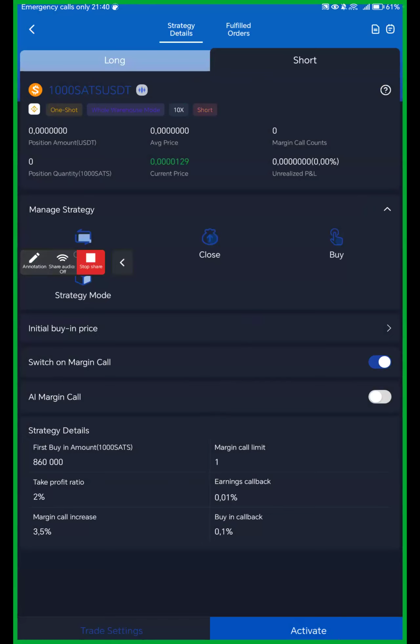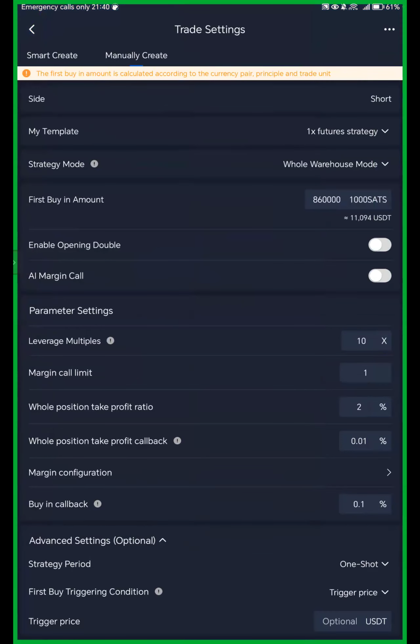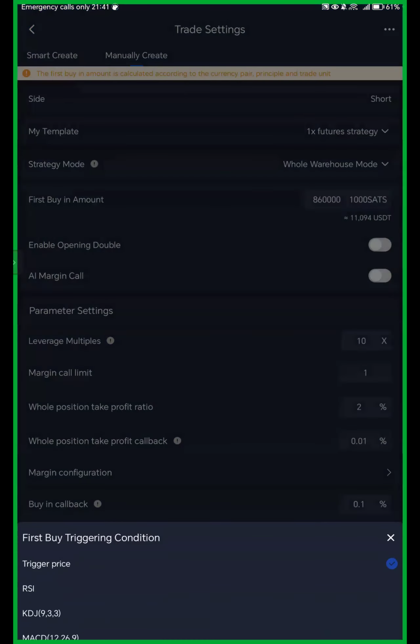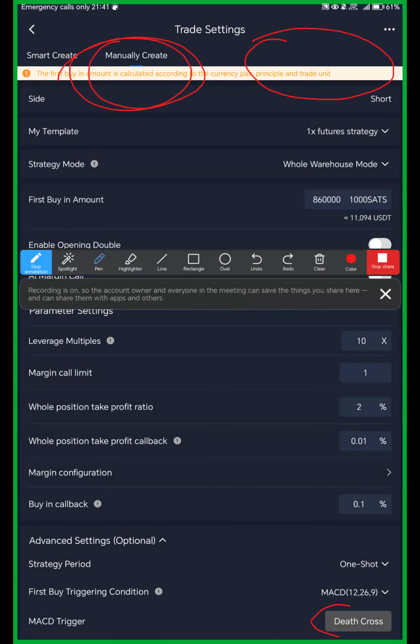So when I tap on trade setting here, then I tap advanced setting. When I choose MACD under trigger price condition here, there is going to be a death cross automatic here. It's gonna be triggered by a death cross, meaning I am looking for a downfall of price.